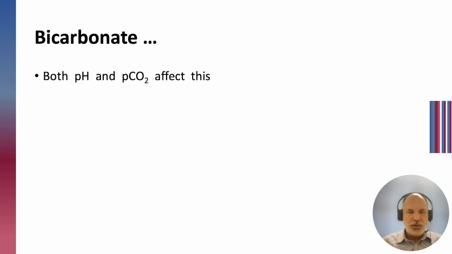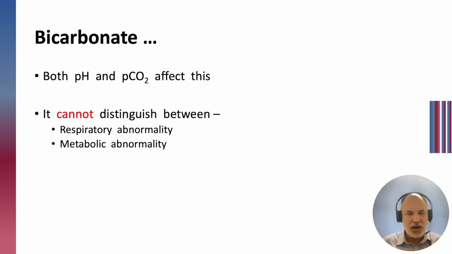So it's also important to appreciate that as far as bicarbonate goes, any change in the pH and or the PCO2 will affect this variable. And we cannot then use the bicarbonate to distinguish between respiratory abnormalities from an acid-base perspective or metabolic abnormalities from an acid-base perspective.